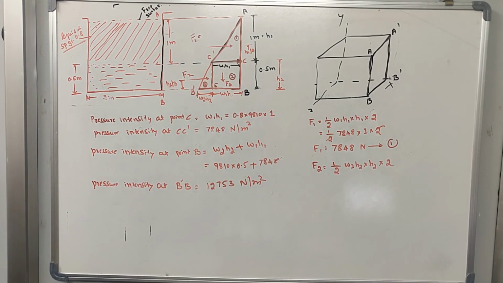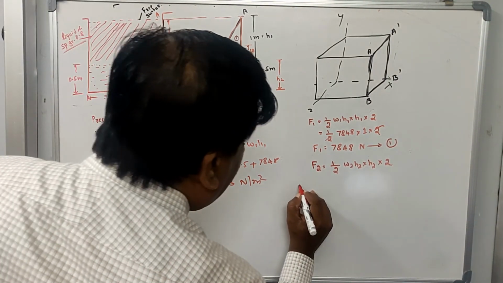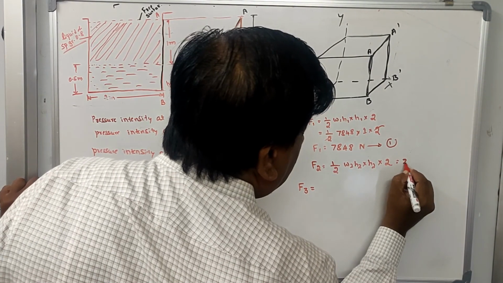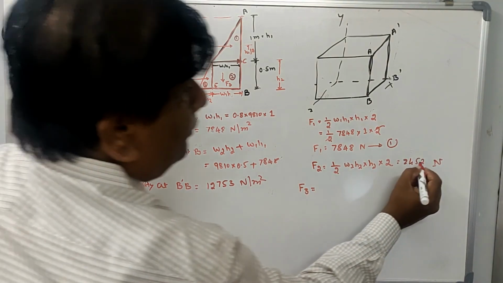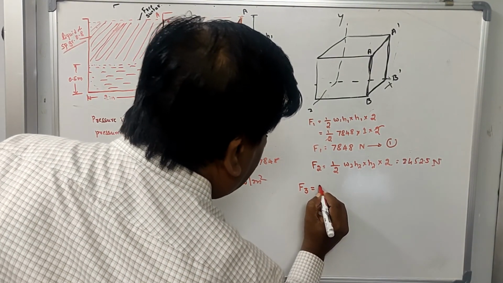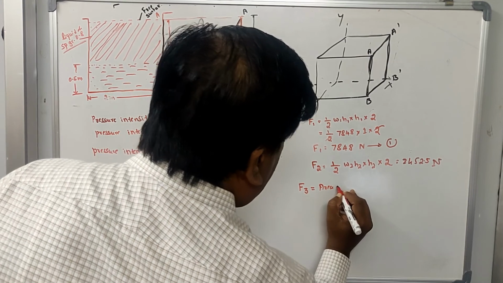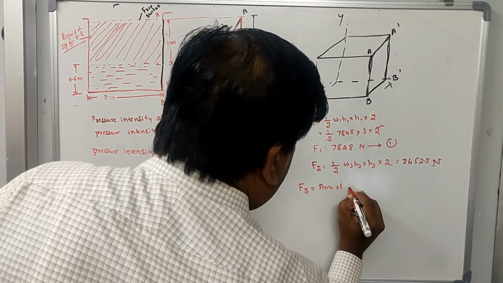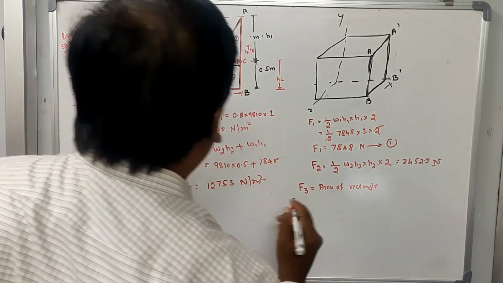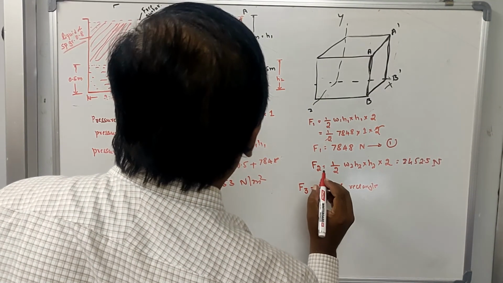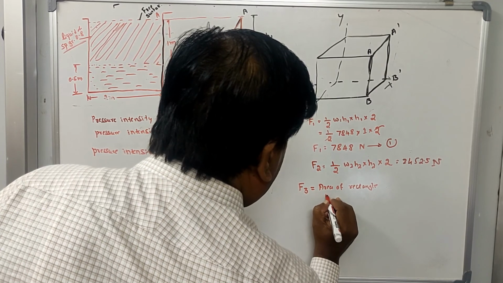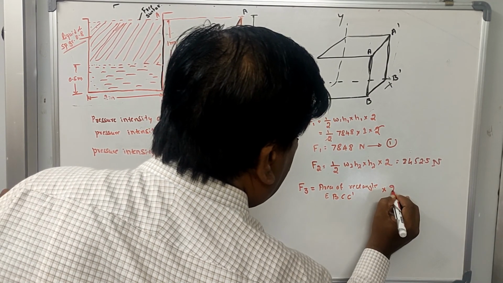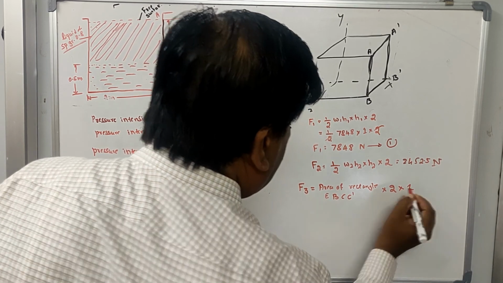You calculate that. Then F3, this is 2452.5 Newton. F3 is the area of the rectangle E, B, C dash multiplied by 2 multiplied by 1.